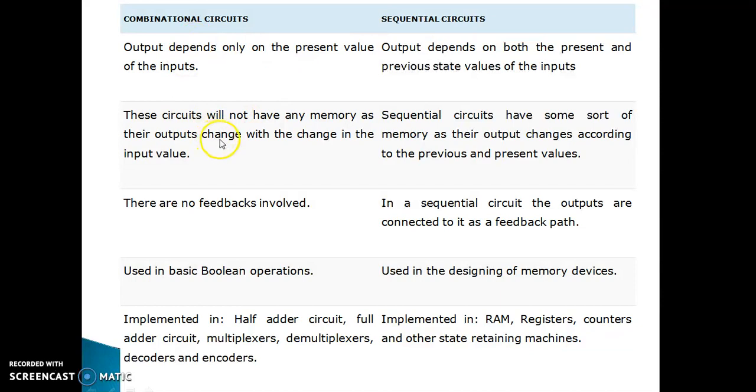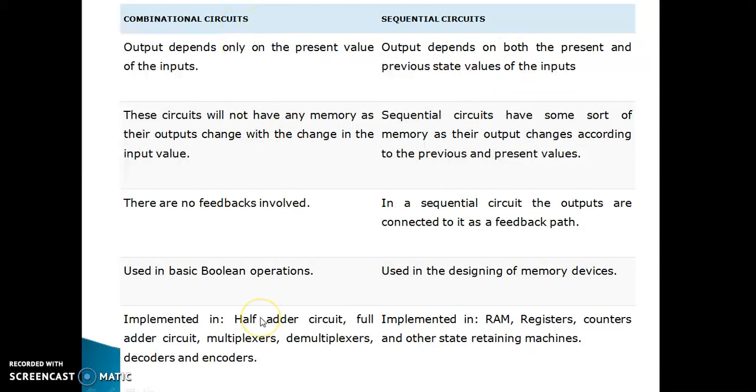Also, the combinational circuit does not have any memory as its output changes with the change in its input value, whereas the sequential circuit has some sort of memory as its output changes according to the previous and the present value. Also, in the combinational circuit there is no feedback involved, whereas in the sequential circuit a feedback path is involved.